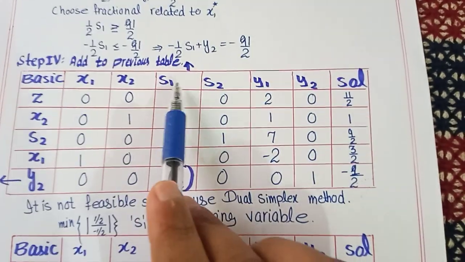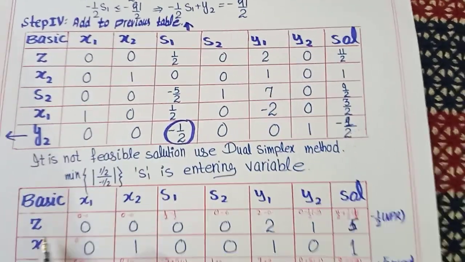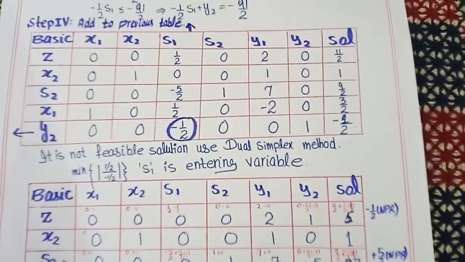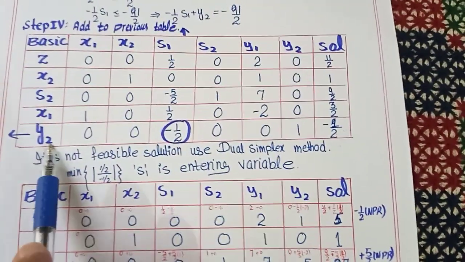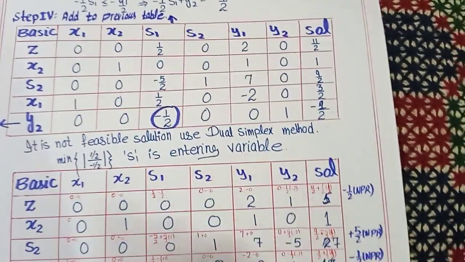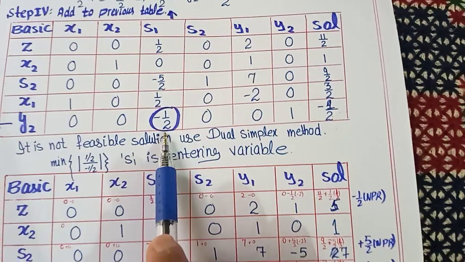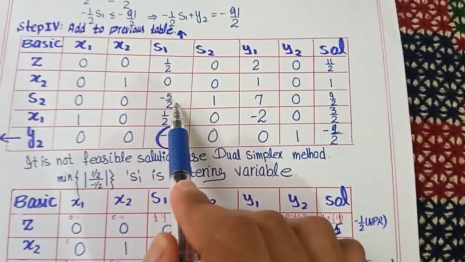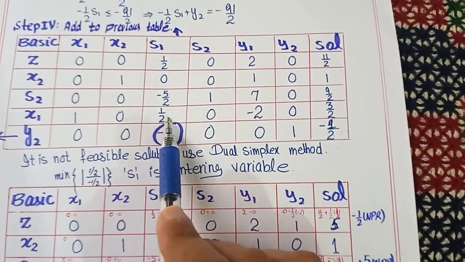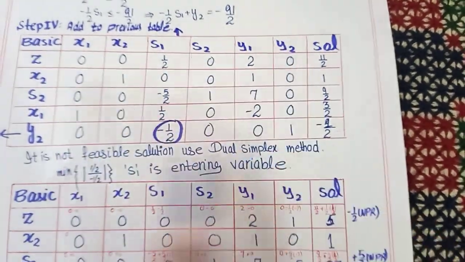The basics z, x2, s2, x1 and y2 convert into s1. The leaving variable is y2. Next, multiply minus 1 over 2 by 1 over 2 for the new pivot row, and apply these operations: minus 1 over 2 new pivot row, plus 5 over 2 new pivot row, minus 1 over 2 new pivot row, to convert all to zeros. All the row operations are applied.